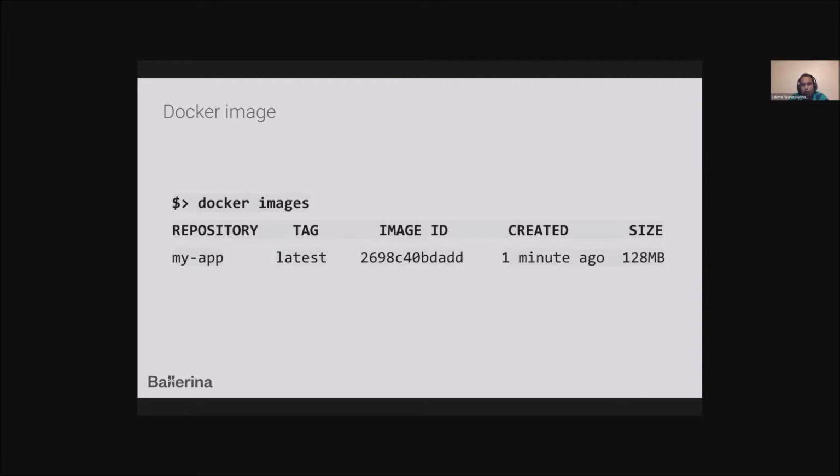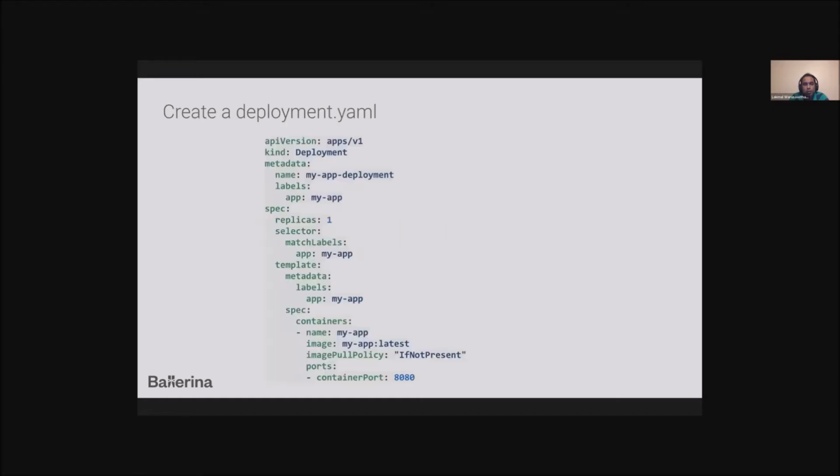But if you want to run these containers in a production grade environment, it is recommended to use a platform like Kubernetes. But to run in Kubernetes, in addition to the Docker image, you need to create additional Kubernetes objects. One is a Kubernetes deployment.